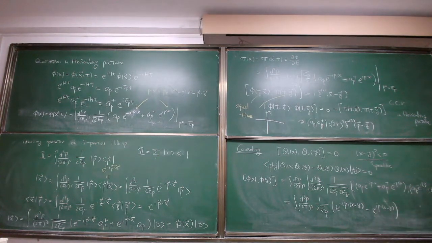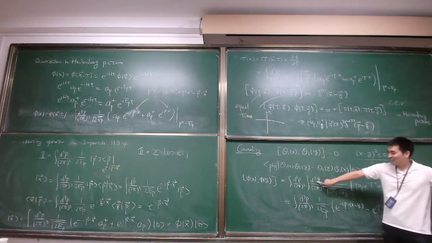Okay, so as you can easily see, what's relevant is the cross terms, this one and this one. If you do the integral of d³, you get a delta function, essentially. With a_p and a_q†, you get the delta function, right?